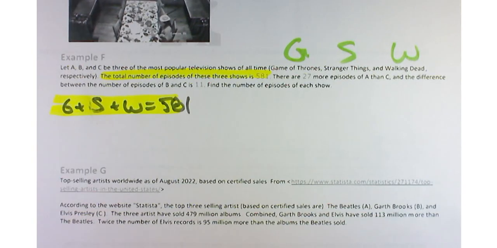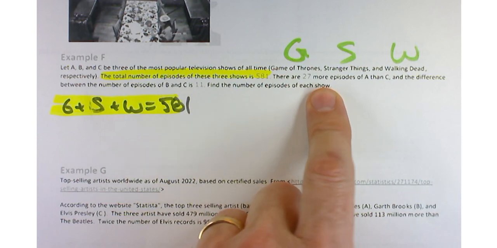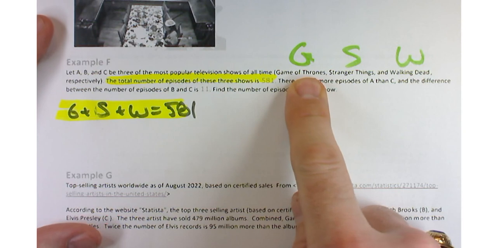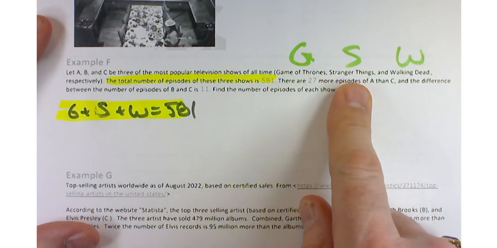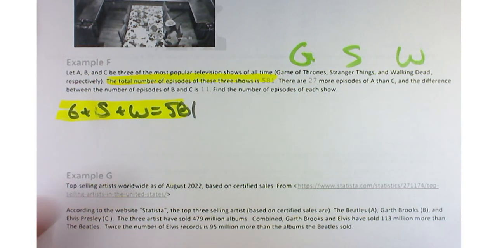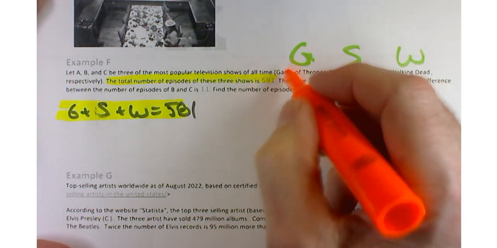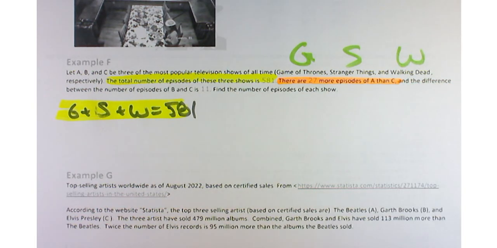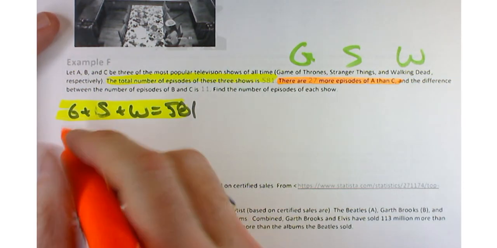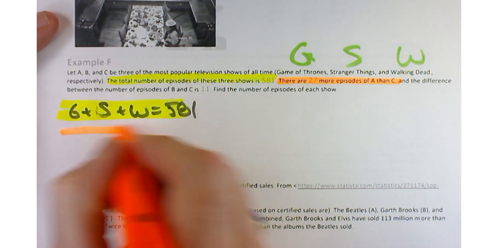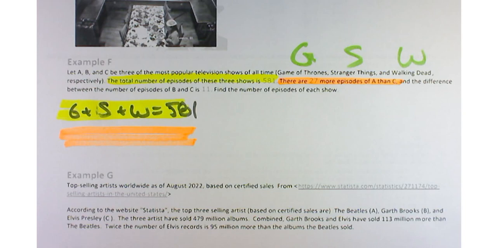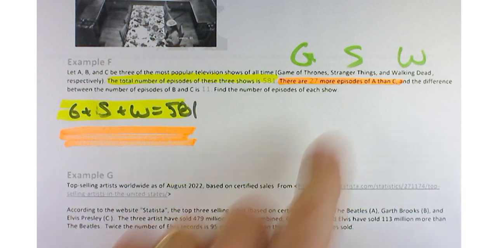There are 27 more episodes of A than C. So 27 more episodes of Game of Thrones than Walking Dead. Kind of surprised Walking Dead has that many. All right, so what would that be in terms of an equation? G equals 27 plus W. Or A minus C equals 27.